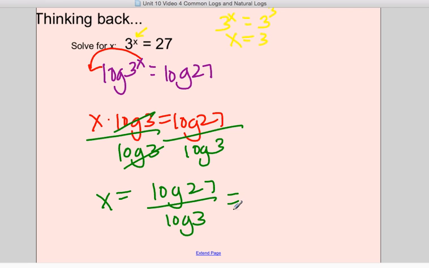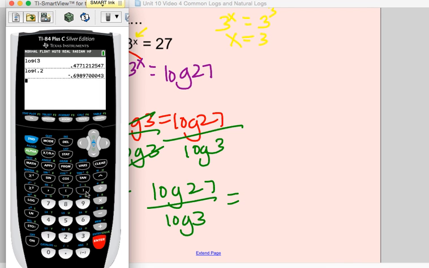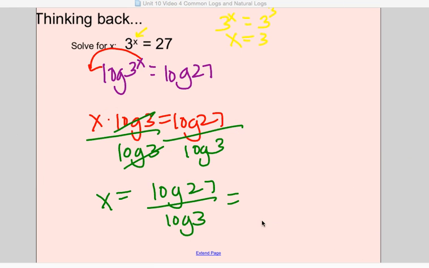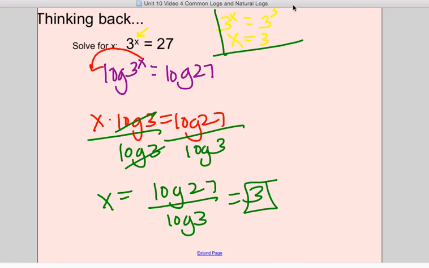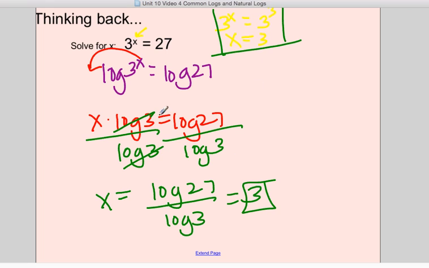Which, if you type it into your calculator, make sure you end the parenthesis for this log, divided by log of 3, you should get an answer of 3, which you do. So this one, maybe it's a little bit more work to write it out like this, but if you can't ever figure out how to solve something, you can go ahead and use logs.